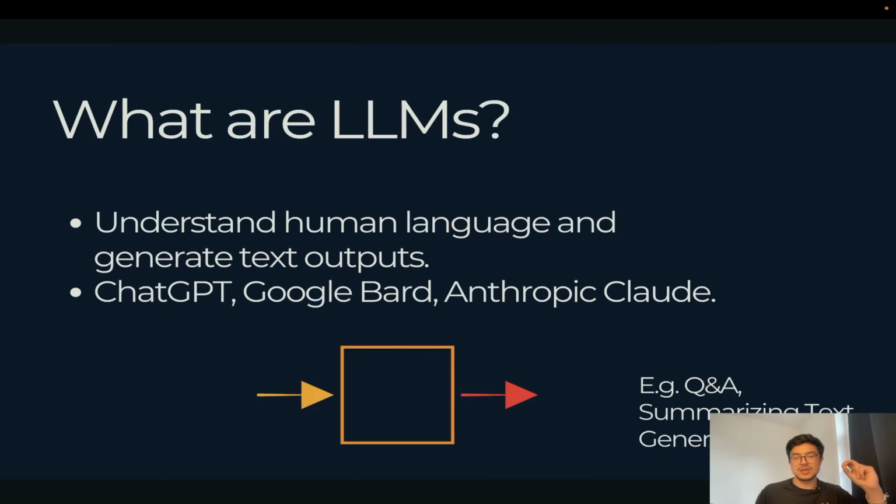But what makes these large language models so powerful? Well, sure, they understand human language, but they understand the semantic meaning behind human language. What do I mean by that? Well, if I tell you that the movie was great, what does that mean? On a scale of 1 to 10, where would you put the word great?